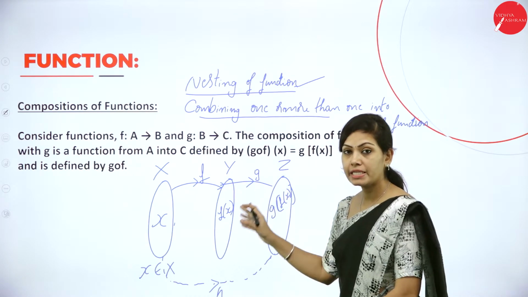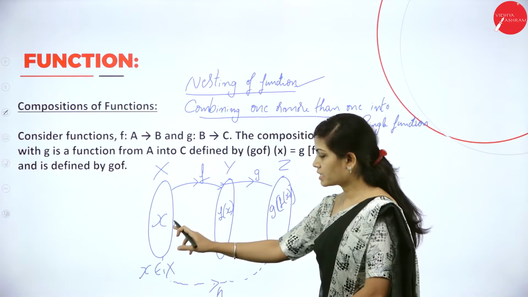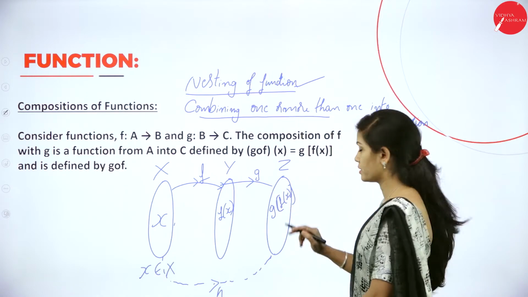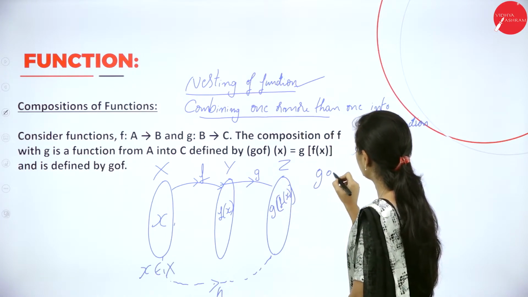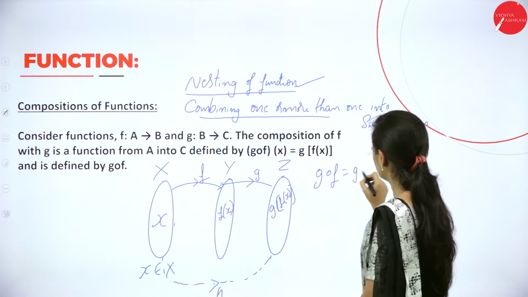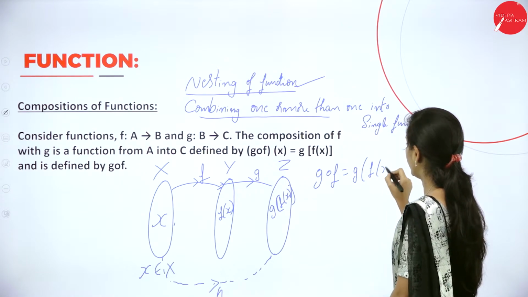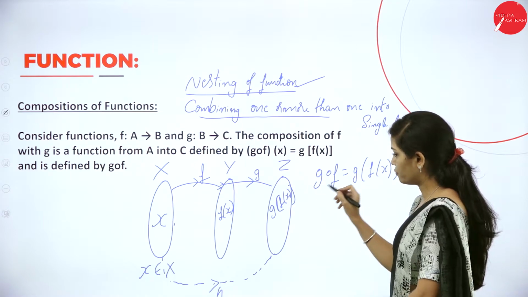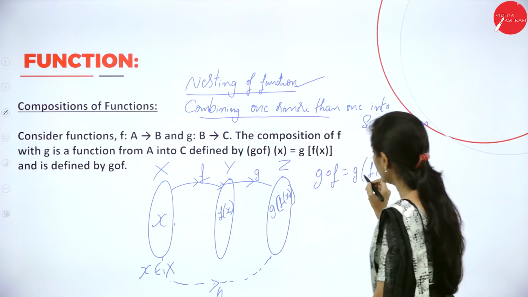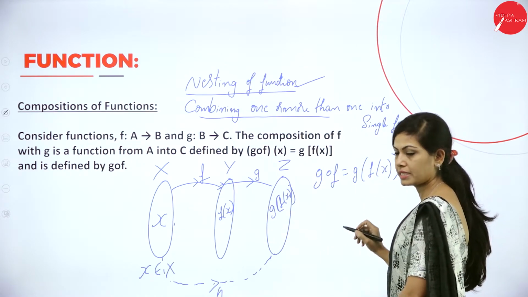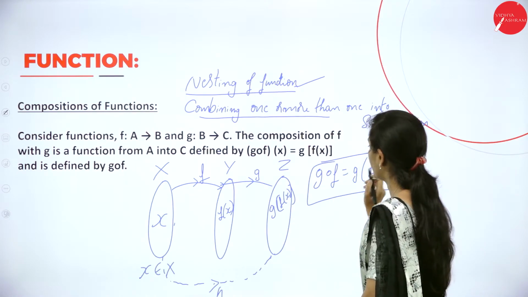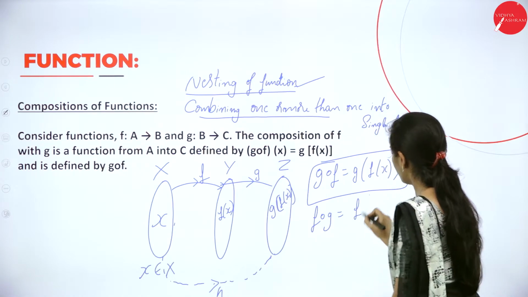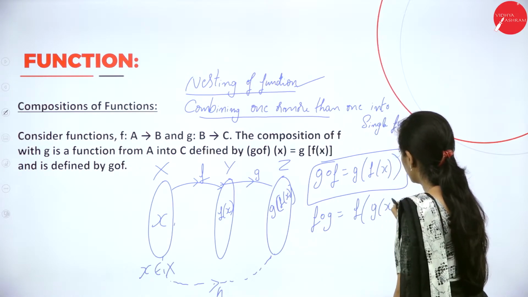So this is a nested structure. x is an input to the function f, and f of x is an input to the function g. So here g of f is equal to g of f of x, and keep in mind, f of g is equal to f of g of x.